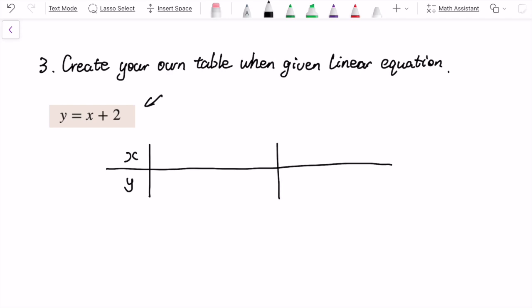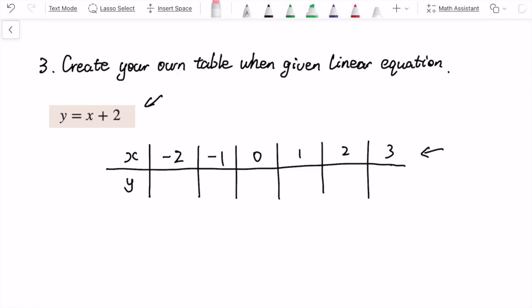Normally, we put 6 values for the x. So we start from the middle, 0, and -1, -2, 1, 2, 3. So the value can be anything. I made up -2, -1, 0, 1, 2, 3 because I think it's easy to calculate.